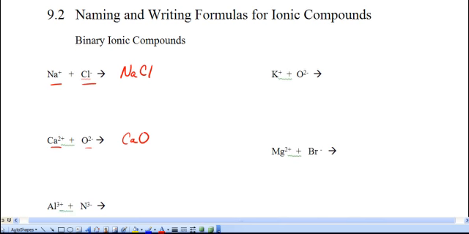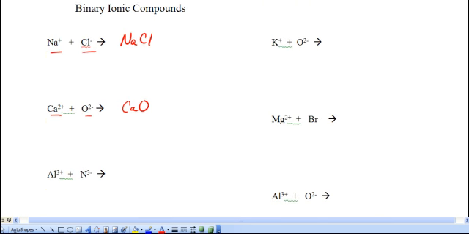Scrolling down just a little bit more. With the aluminum, the +3 cation, and the nitride ion, a -3 anion, once again the three positives balance the three negatives, and so you only need one aluminum with one nitride, and the formula for aluminum nitride is AlN.